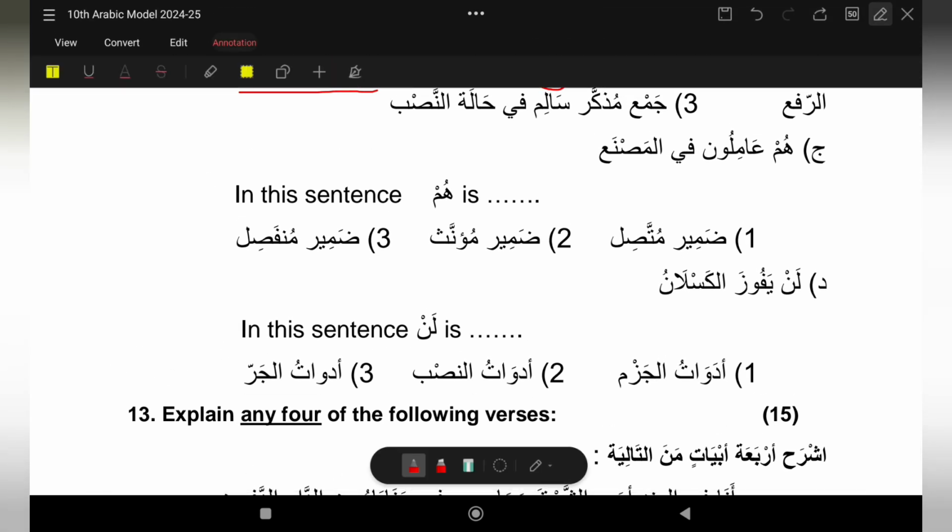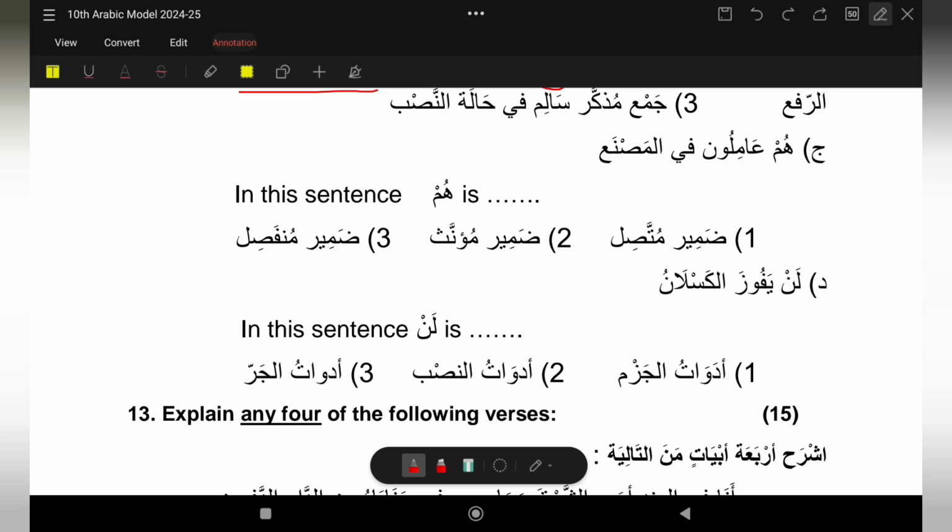هم عاملون في المصنع. In this sentence, هم is ضمير متصل, ضمير منفصل? It's not muttasil because it is not attached. Okay, it's not ضمير مؤنث. Why? Hum is used for male. Huwa, huma, hum.